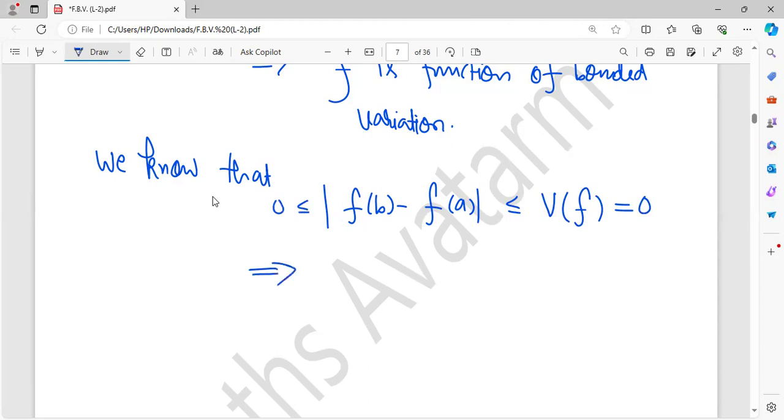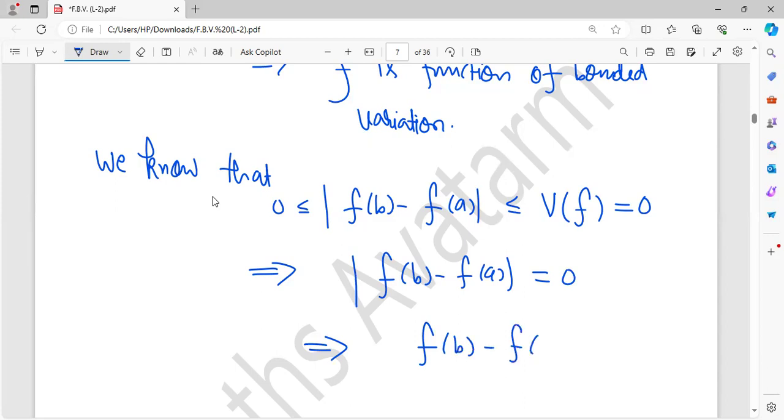So this implies absolute value of f(b) minus f(a) is 0. What does it mean? It means f(a) is equal to f(b).